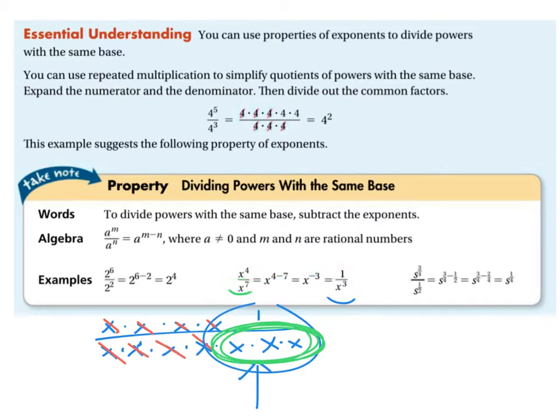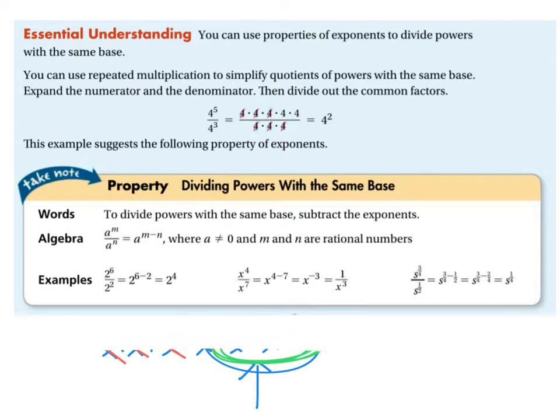Okay, let's keep going. I'm looking at the last one. This one I'm not going to write out. It's a little bit tricky to write out when you have fractional exponents, but it still works the same. s to the 3/4 divided by s to the 1/2. Just like here and like here, you're going to subtract. So you say 3/4 minus 1/2.